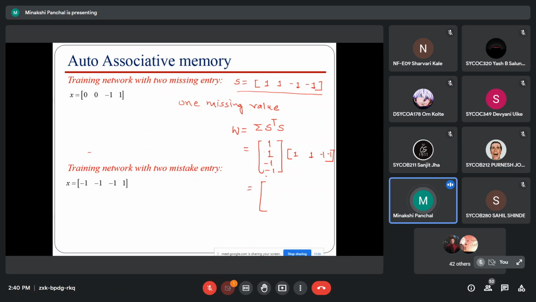Yes, what is the weight matrix? Yes, please. What is the first row?